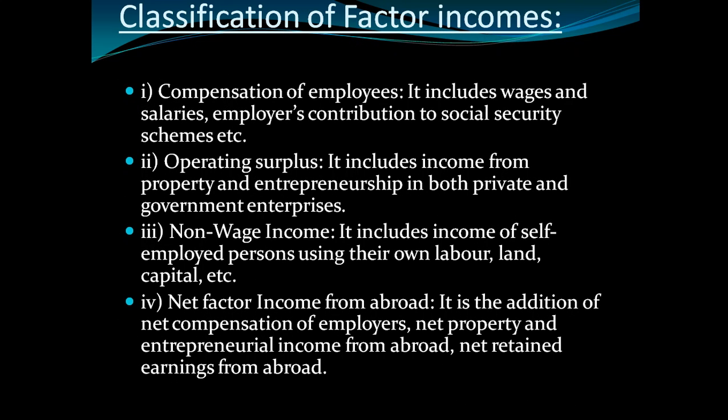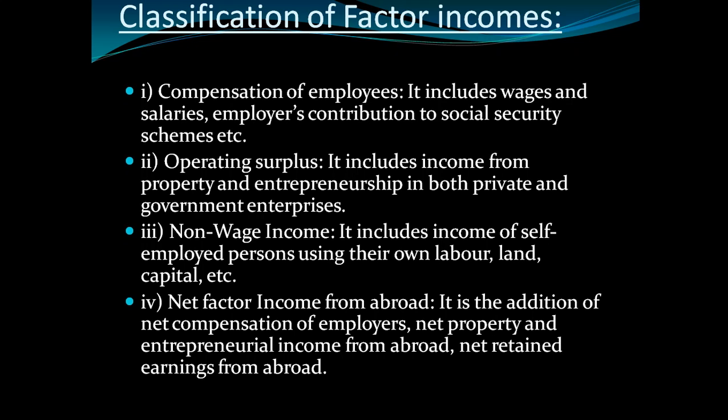Now we have to classify the factor incomes. Classifying the factor incomes includes compensation of employees, which includes wages and salaries, employers' contribution to social security schemes, etc. Second one, operating surplus. It includes income from property and entrepreneurship in both private and government enterprises.